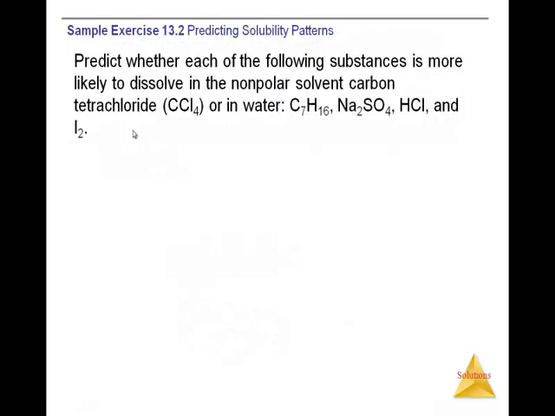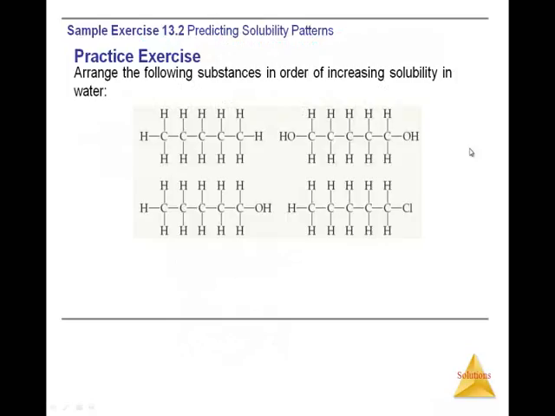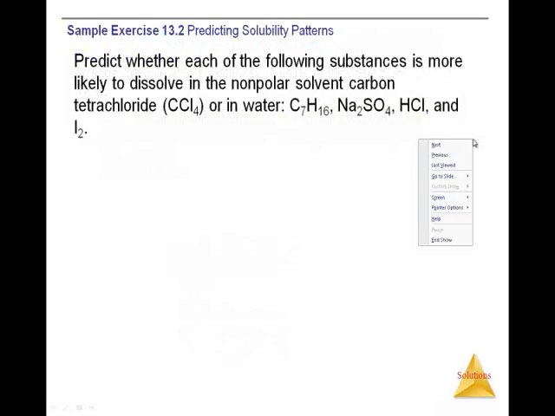Let's take a look at trying to identify which will be dissolved in which. We have two solvents here: carbon tetrachloride, CCl4, and water, and we want to look at which ones will be dissolved in each.